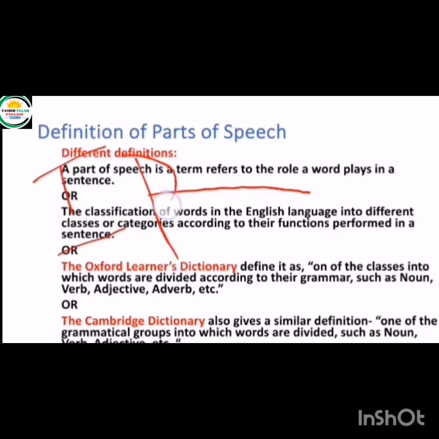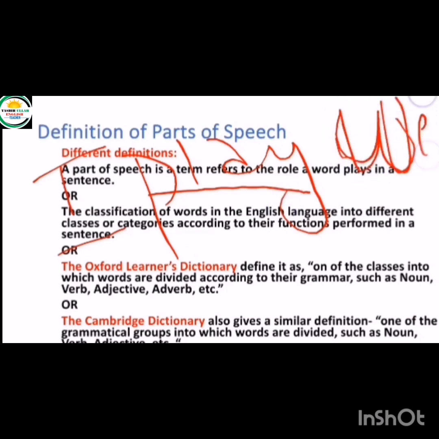I play well. So there are three words used in the sentence. The first word is I, the second word is play, and the third word is well. Each word has a distinct job in the sentence.